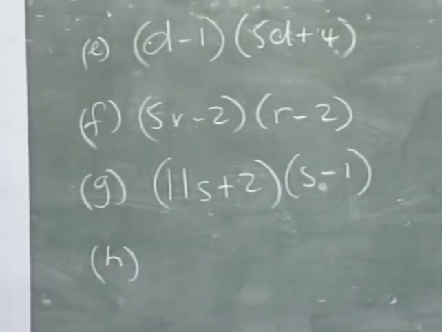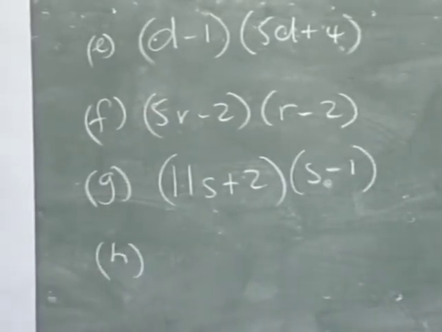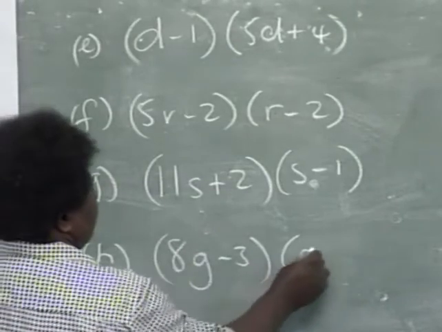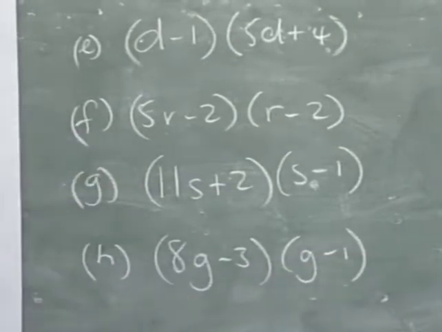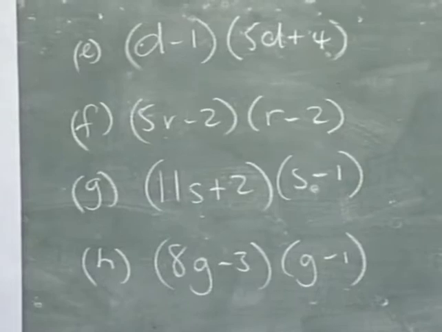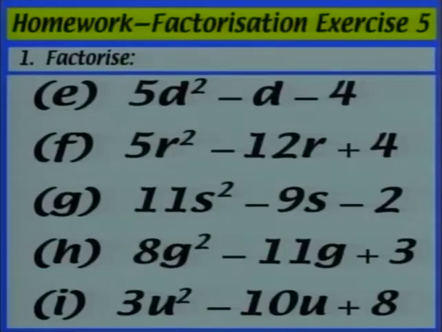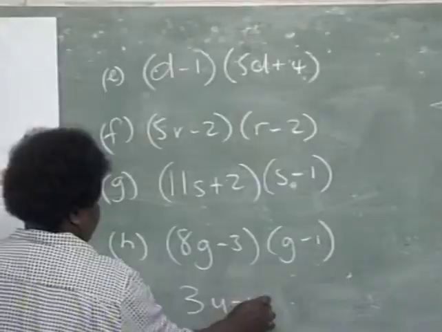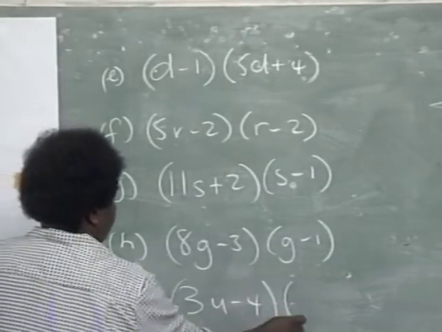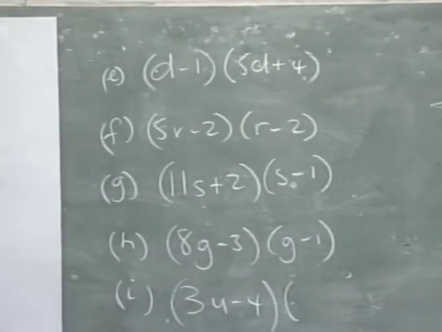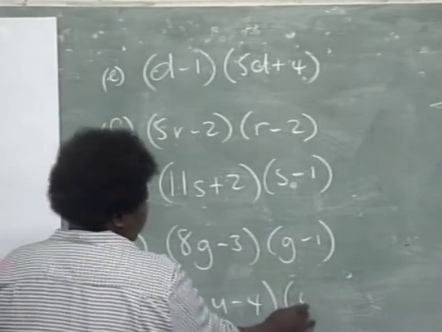H, Lester. 8g minus 3 times g minus 1. All right, 8g minus 3 times g minus 1. Livingston, letter I. 3u minus 4 times u minus 2.